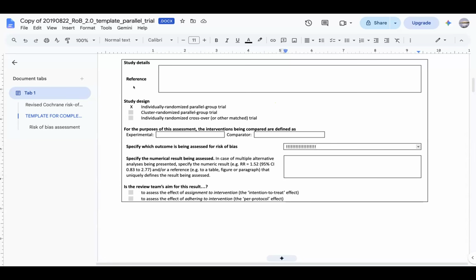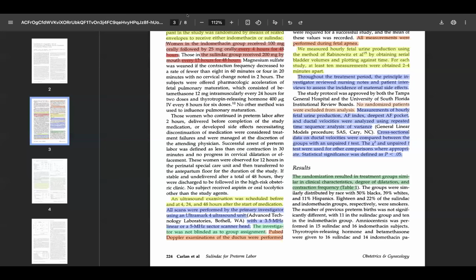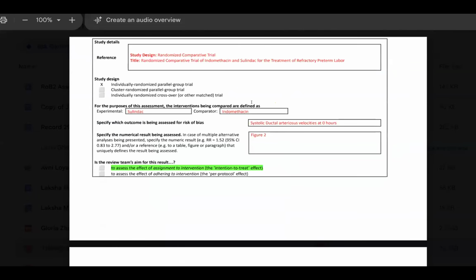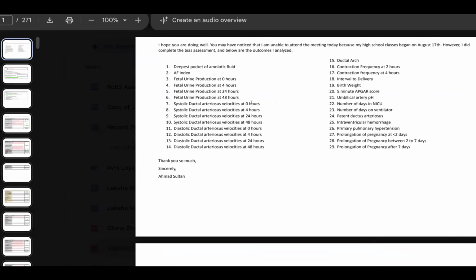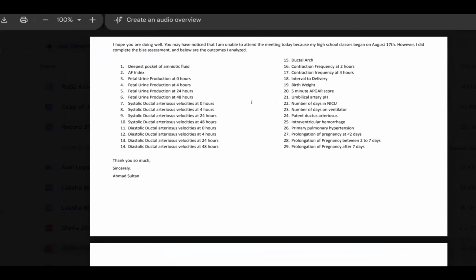So if you take a look at Ahmad's outcomes, 7, 8, 9, 10, 11, 12, 13, 14, 15, those are all different outcomes related to increased flow, which is an indicator of closure of the DA.